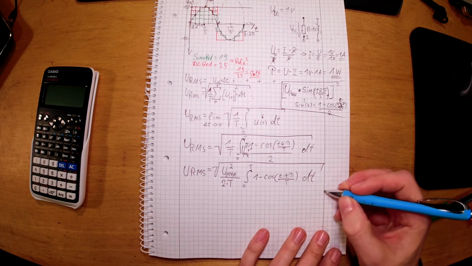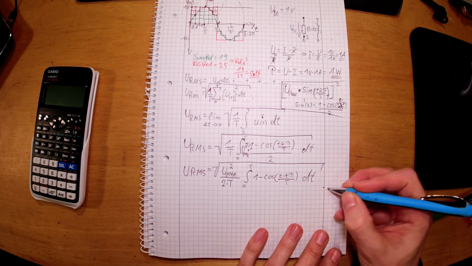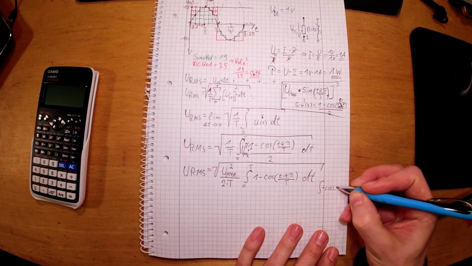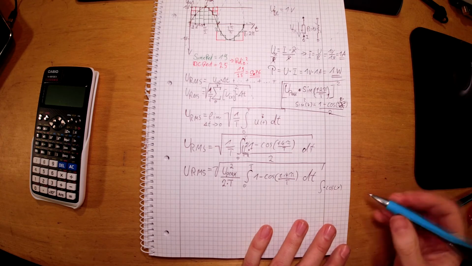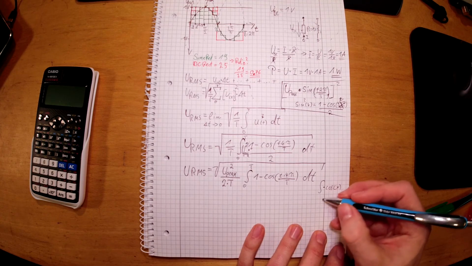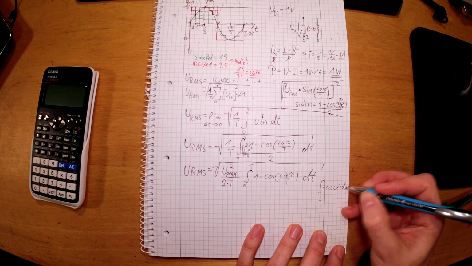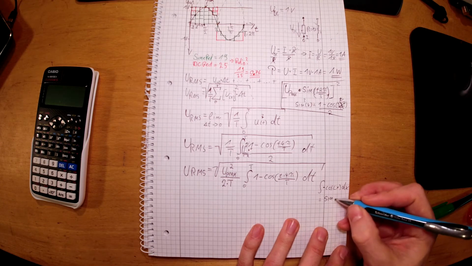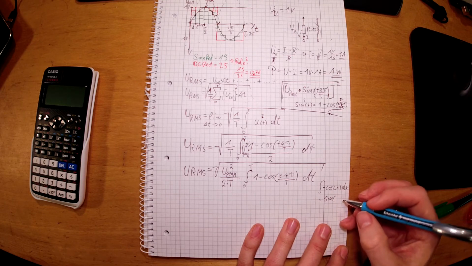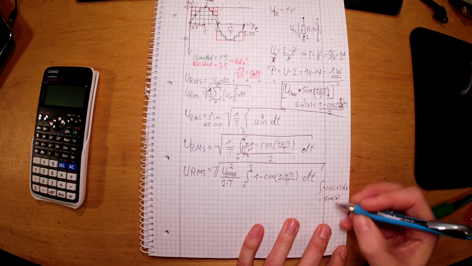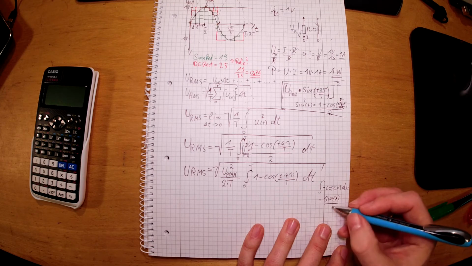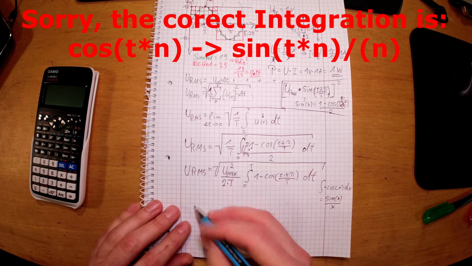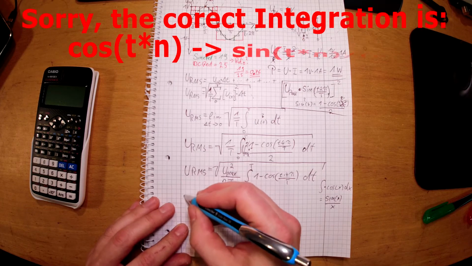The solution is, if we integrate minus cosine of something, like this, we will get sine of the cosine argument divided by the argument x. Okay? Now let's do it.